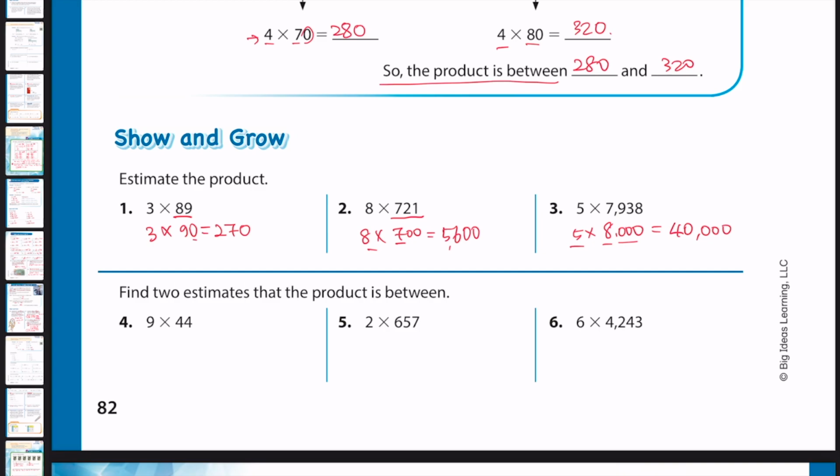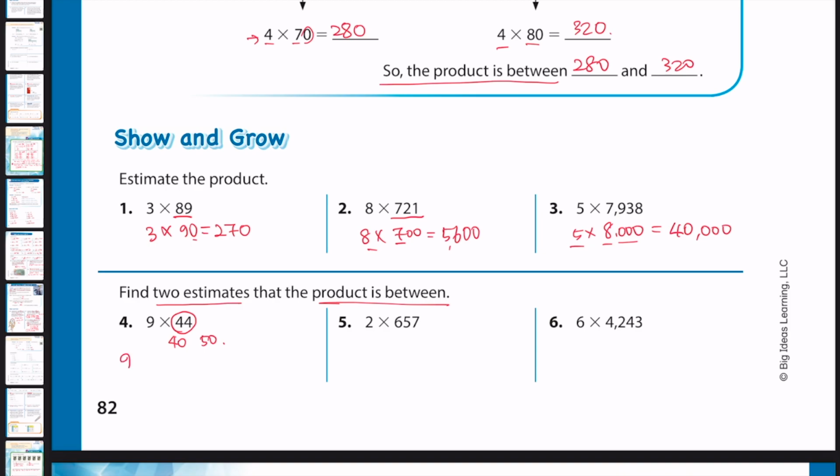Now, numbers 4 through 6, they're asking us to find two estimates that the product is between. Now, 4 times 44. Now think, this 44 is in between what numbers? Yes, 40 and 50. So we need to find out what? 9 times 40 and 9 times 50.